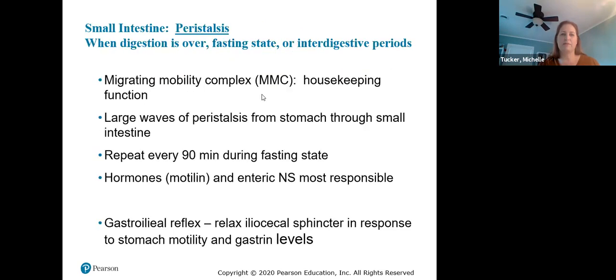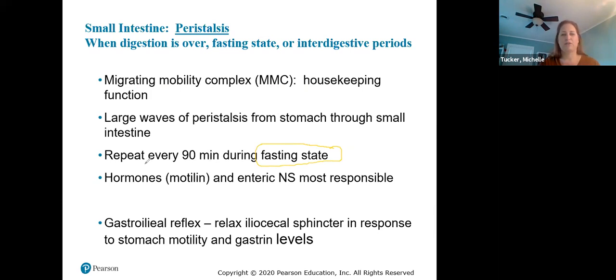The other movement that occurs in the small intestine is peristalsis. But peristalsis is going to be predominant when one is in the fasting state. So segmentation is with food because it breaks it apart and it mixes it with other segments and it mixes it with digestive enzymes. So segmentation occurs with food.